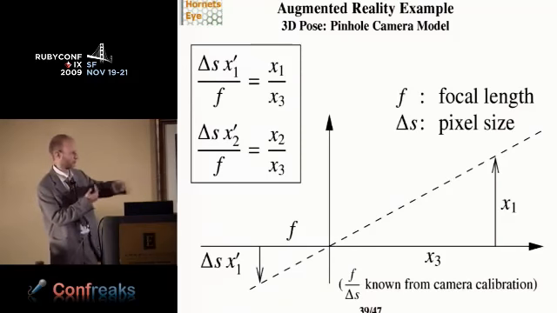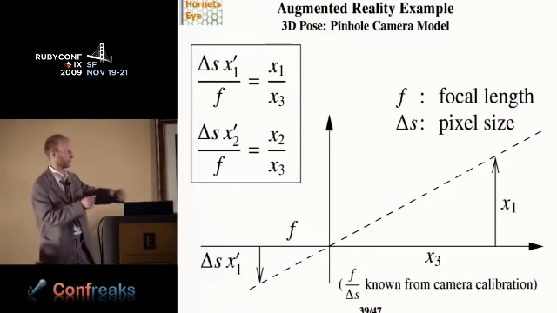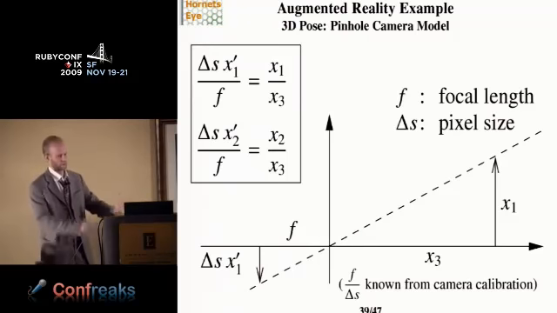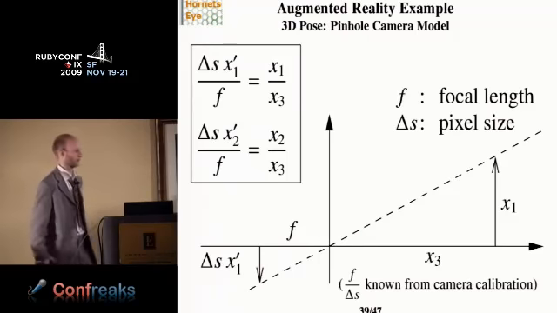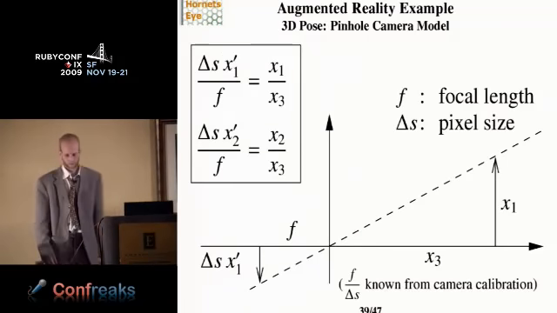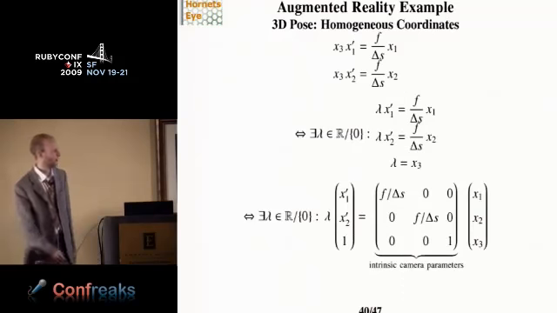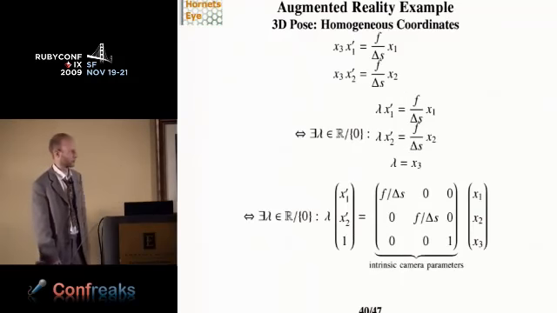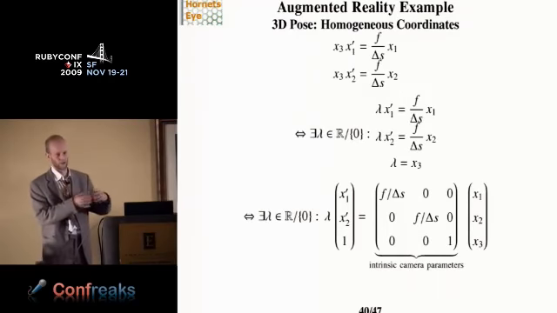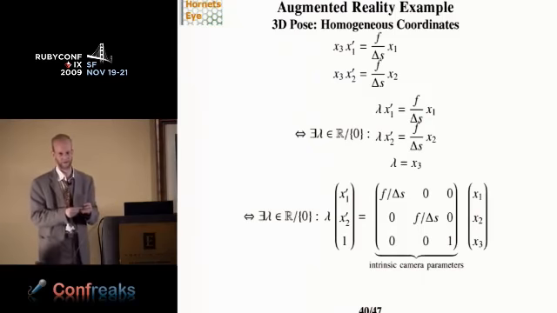This, of course, holds for both dimensions, so x1 to x3. You have an equation for the first dimension. You also have an equation for the second dimension, which gets projected. And now we take these two equations, and we reformulate them a little. And we introduce an additional variable lambda. And this is called homogeneous coordinates. Anybody who has done 3D graphics will be familiar with this.